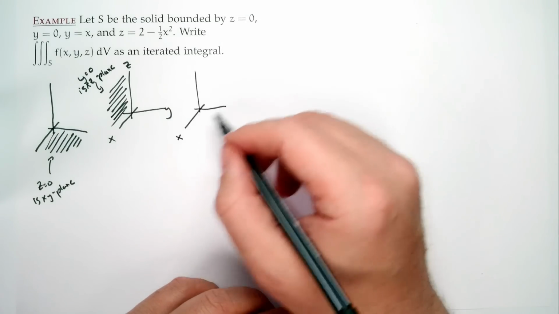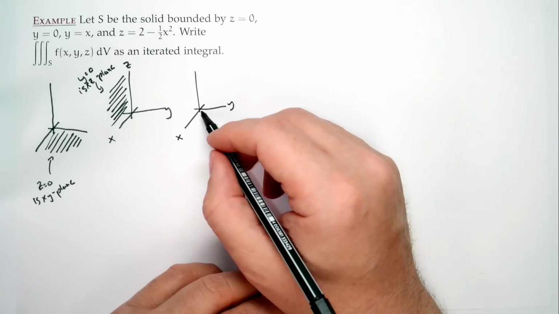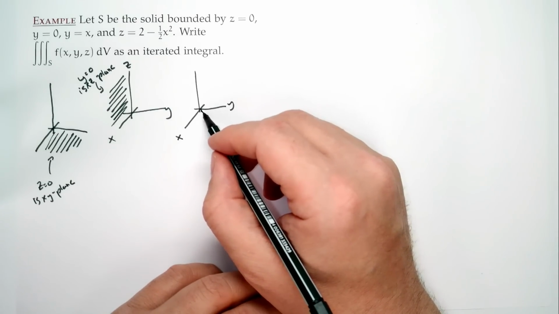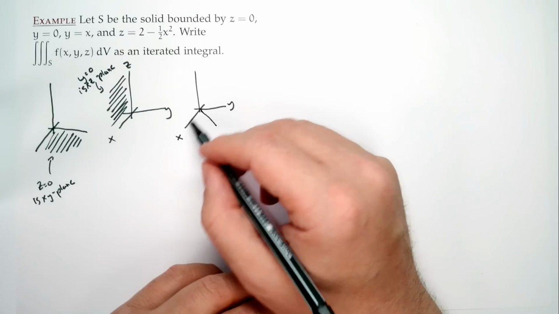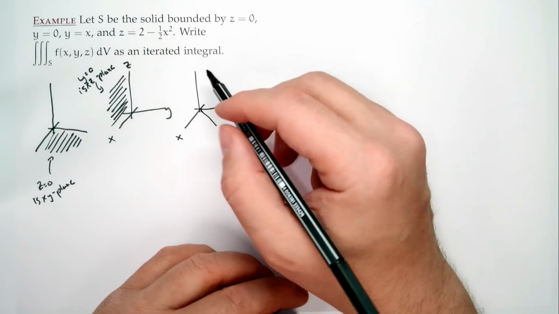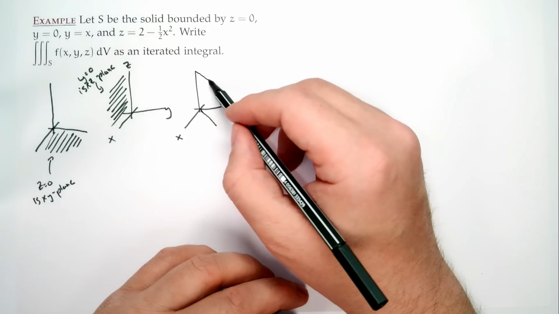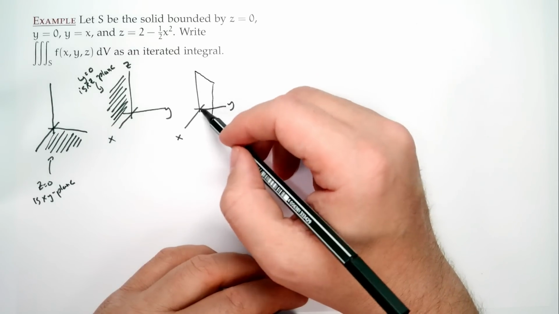Now, let's try another one. y equals x. If I think about y equals x, in the xy plane it would correspond to the line y equals x, that line that comes out at 45 degrees. In 3 dimensions, it corresponds to a plane. So it's this plane.